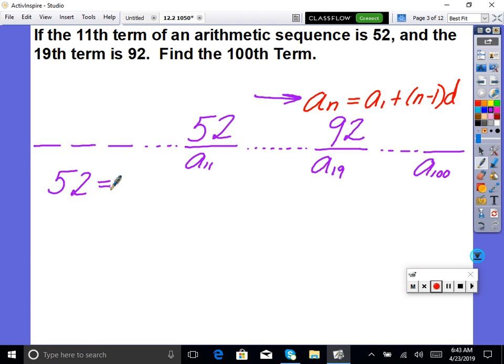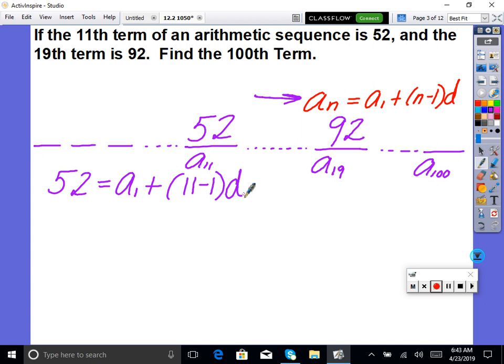We have no idea, do we? So write a sub 1. Then we have plus, now do we know what n is? Isn't this a sub n? So it's 11, isn't it? 11 minus 1, and then do we know the common difference? No. Okay, so common difference, we don't know.